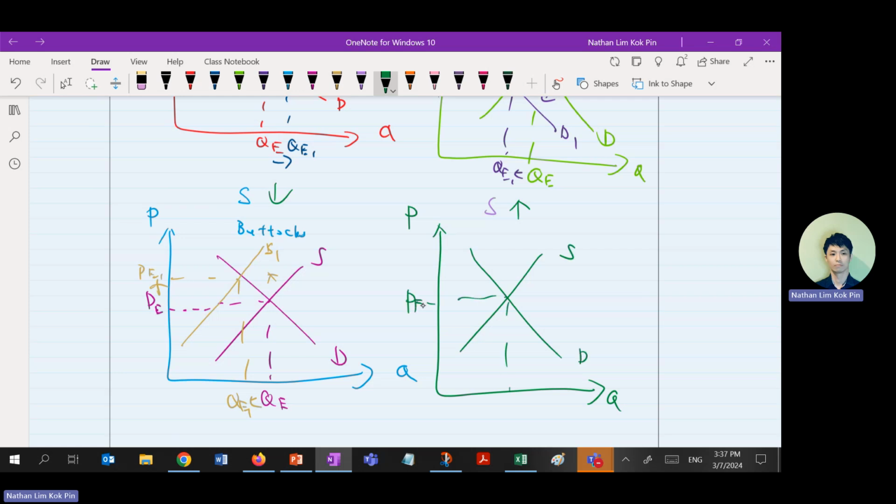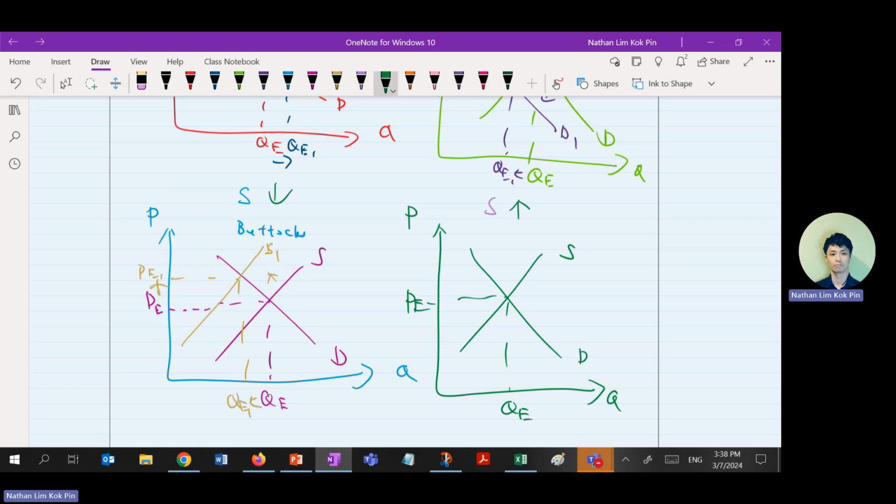So let's say this is PE and this is QE. Now they found that chicken eggs decrease in price, so the cost of breeding chicken decreases. What will happen?